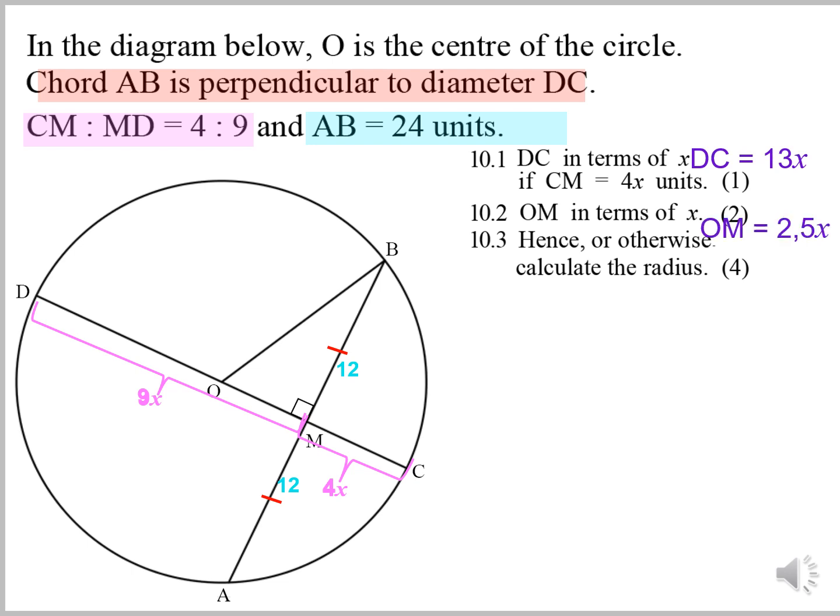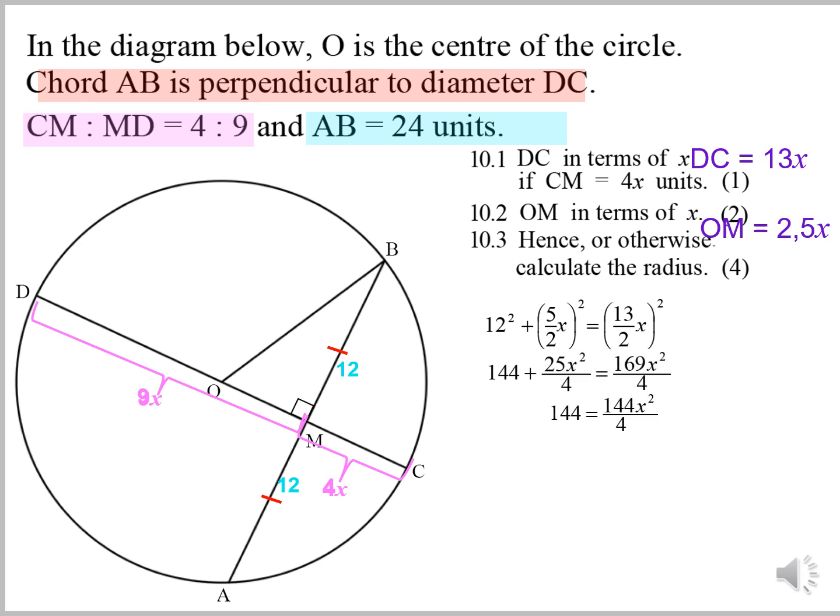From the previous calculations, DC is equal to 13x, and then OM is equal to 2.5x. We can apply the theorem of Pythagoras in a right-angled triangle. So in the right-angled triangle, we apply the theorem of Pythagoras. That will lead you to the answer that is required for this question.